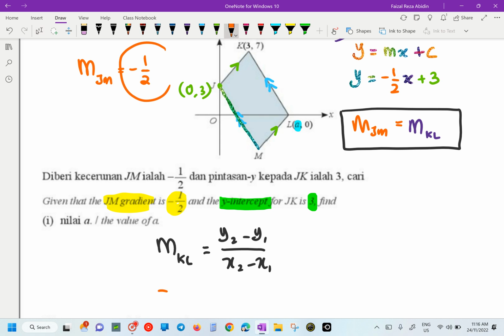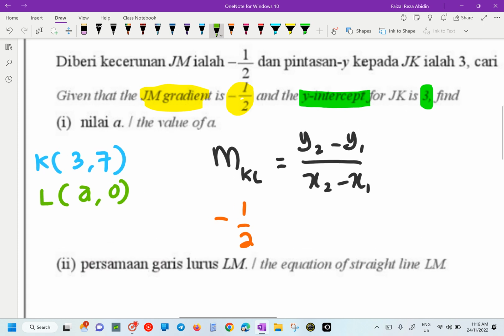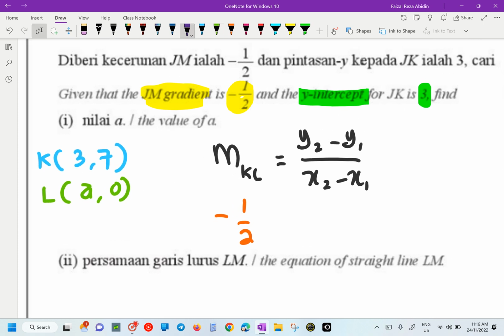I just put over here negative 1 over 2. Did we have our y2, y1, x2, x1? Where is it? There. This is going to be your x1, y1, x2, y2. Why did I use KL? Because we are going to find the gradient of KL, isn't it?